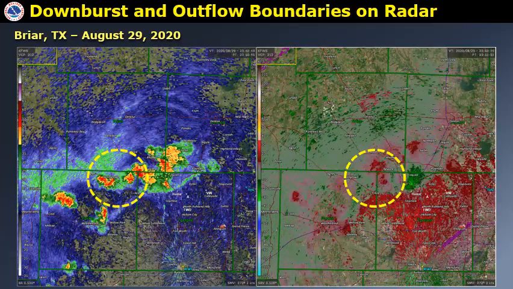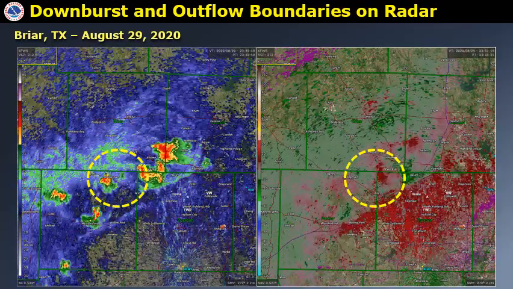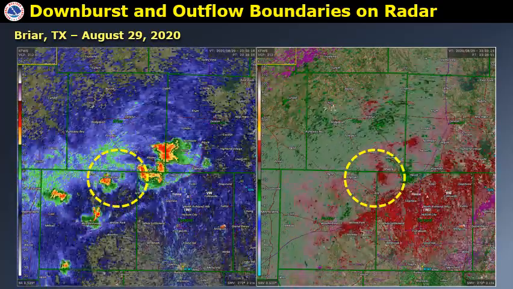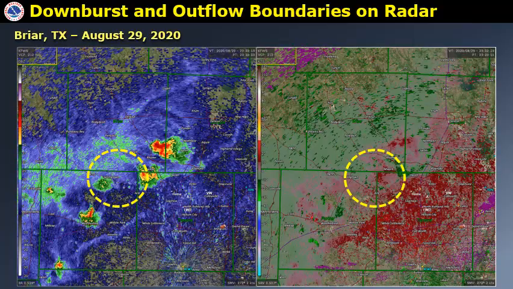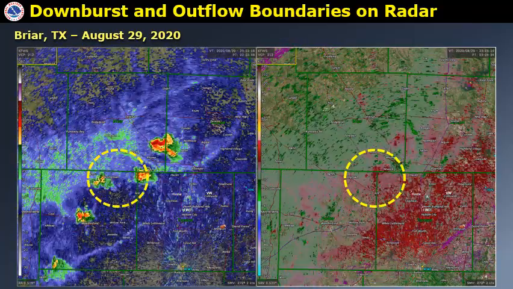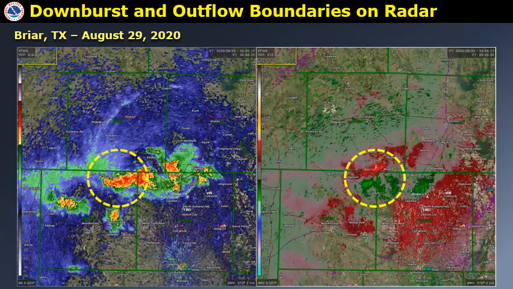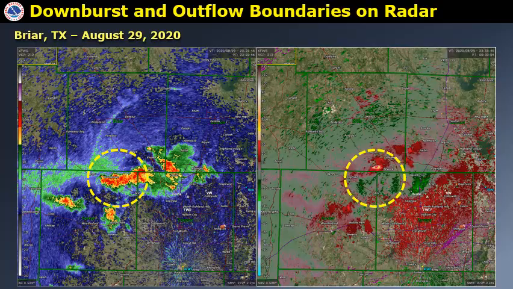These boundaries act as areas that can instigate lift and thus the development of new thunderstorms. As the animation loops, we see new storm development occur where these boundaries collide between Springtown and Azle here in northeastern Parker County and adjacent portions of Tarrant County.